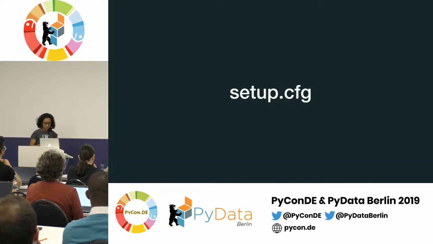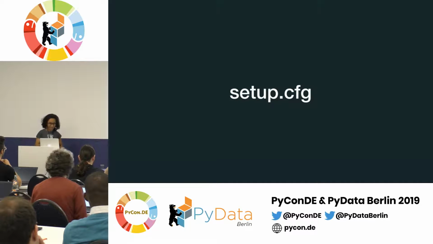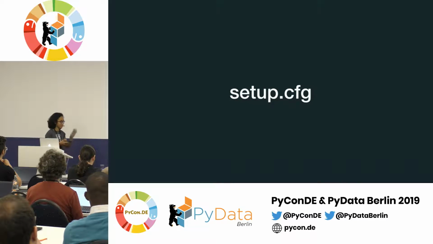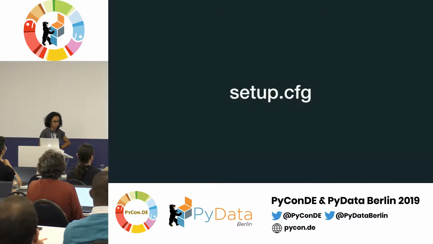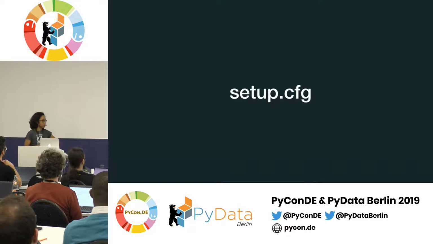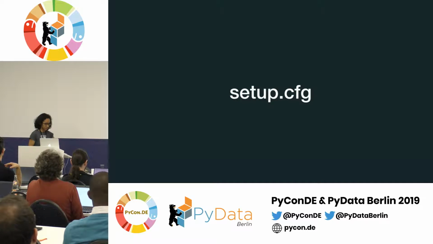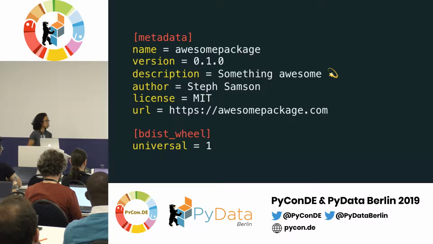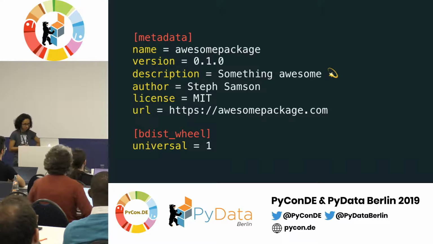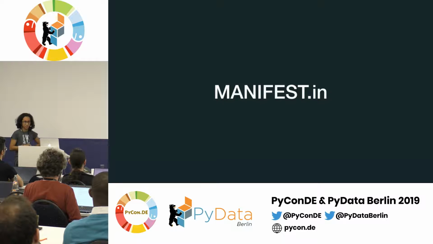Then there's the setup.cfg file, which is the config file for your config file, which is the setup.py. It's different from the setup.py because it does not provide parameters to the setup function. So it should really only configure the behavior of various setup commands for your project. But I've seen people use it to write metadata in there. And finally, this is the fourth file that I'm going to talk about in this series, there's more coming.